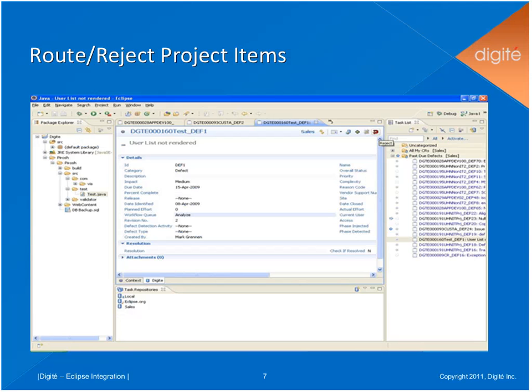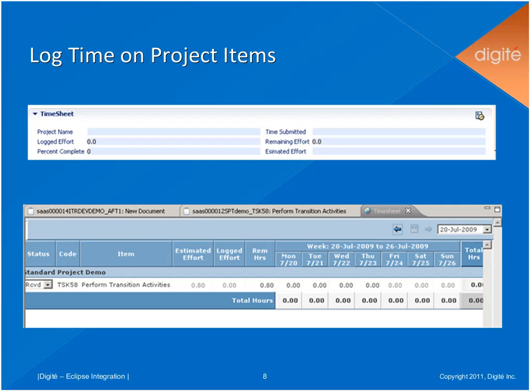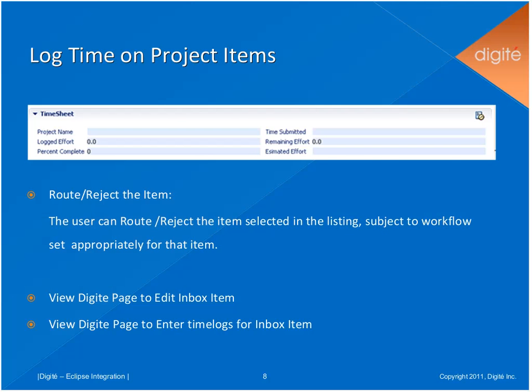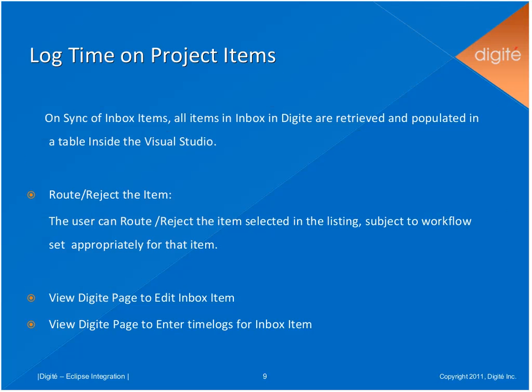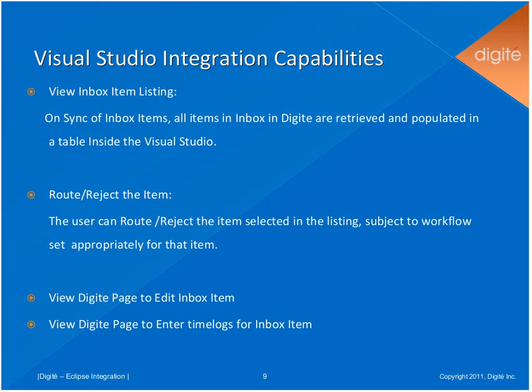So on similar lines, considering how Eclipse is used for mainly development for Java applications, we have also done a similar integration for Visual Studio. It has similar capabilities such as viewing the inbox items in the listing, routing or rejecting the items, and editing the items directly from the Visual Studio environment.